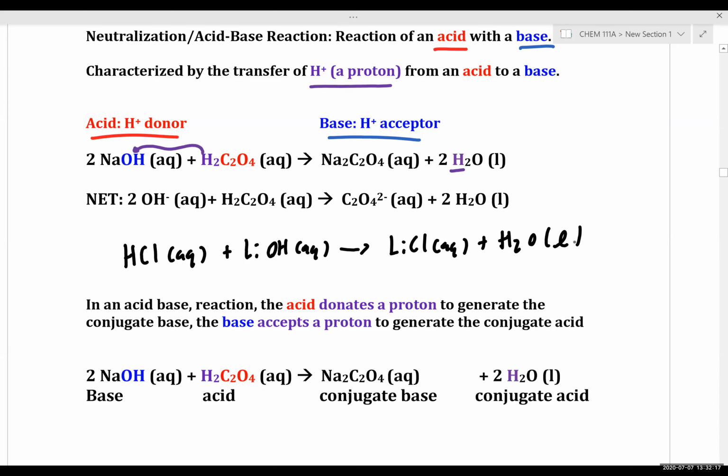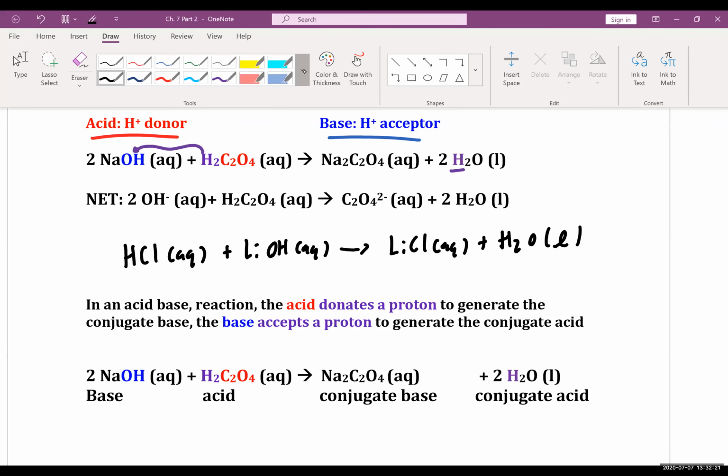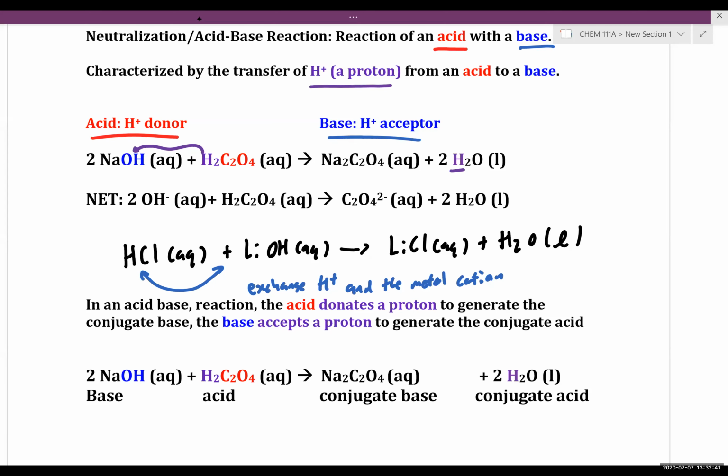Another way that you can think about acid-base reactions is they're almost like an exchange reaction where we exchange H+ and the metal cation. And in turn, we get two new compounds. However you prefer to think about acid-base reactions.